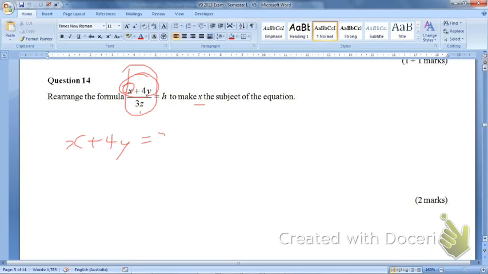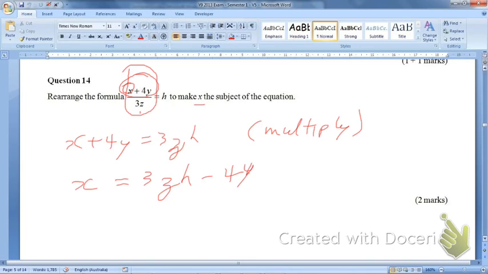That gives us 3ZH by multiplying. Next thing I need to do is subtract. X equals 3ZH minus 4Y. Lots of people are still trying to split up the Z and the 3 and the 4 and the Y. You don't need to. You only need to split them up if they're connected with the X, the thing that you're actually wanting to find.